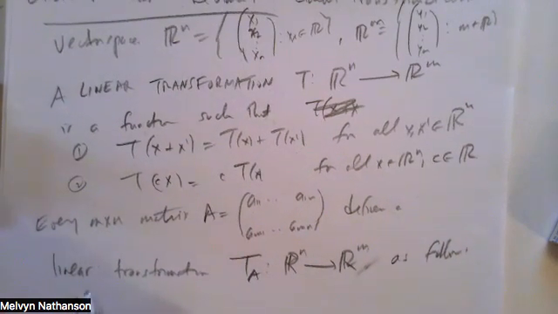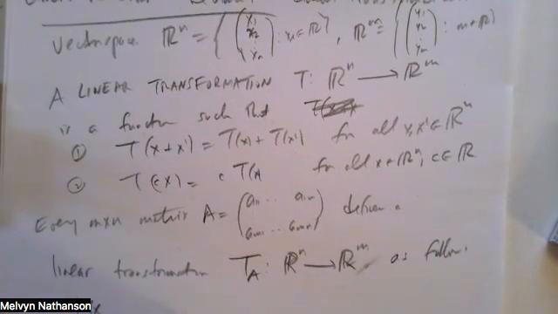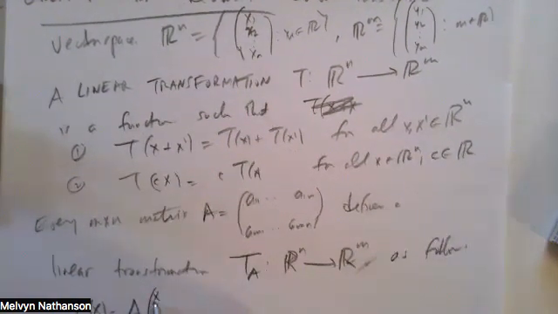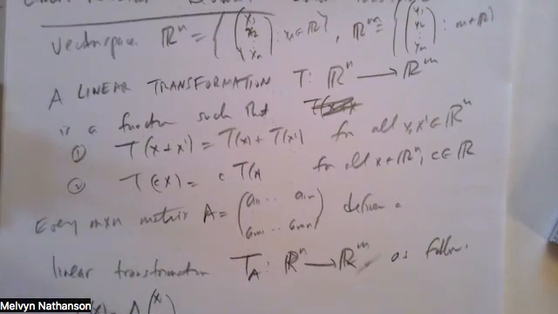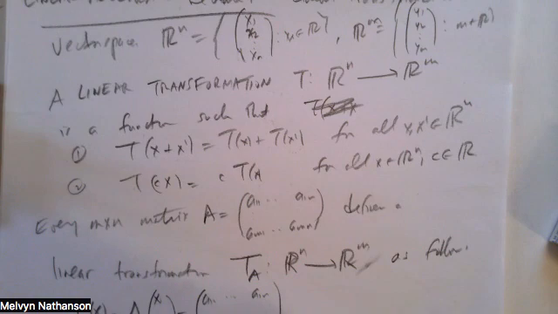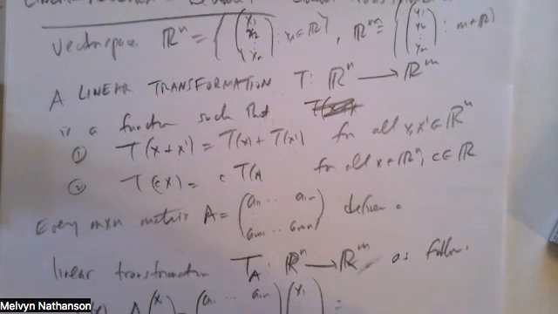T sub A applied to a vector x is the matrix A applied to the vector x, written as a column vector, x1 up to xn. So this is a matrix times a vector, and you get the result, some m-dimensional vector.